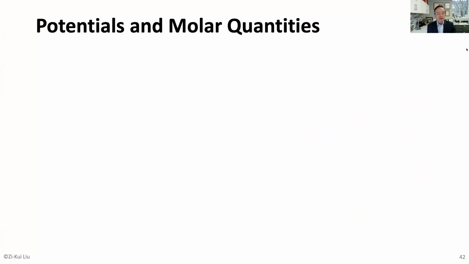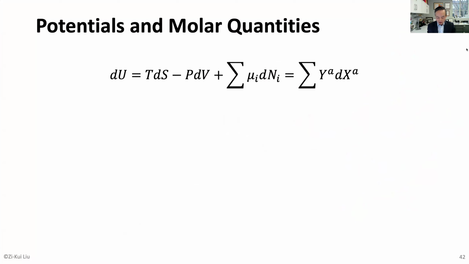Okay, so Max Hillard emphasized that we really want to separate the two types of quantities in this combined law, called the potentials and molar quantities. Most people, including me, before I learned thermodynamics the third time from Max Hillard, talk about intensive and extensive variables. Extensive means it depends on the size; intensive does not.